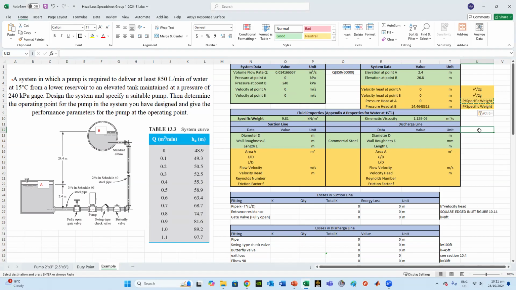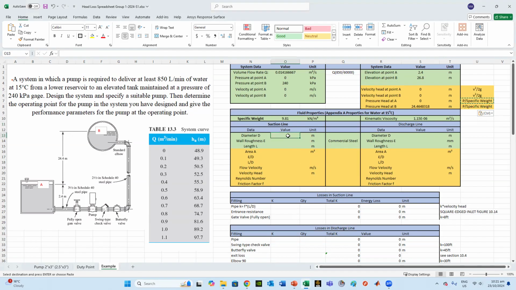But when it's P, we will have the pressure at point B divided by the specific weight given to us, and from this equation you get these values. Good. So we get the following for water at 15 degrees Celsius from Appendix A of the textbook. That's why I recommend they use the textbook.